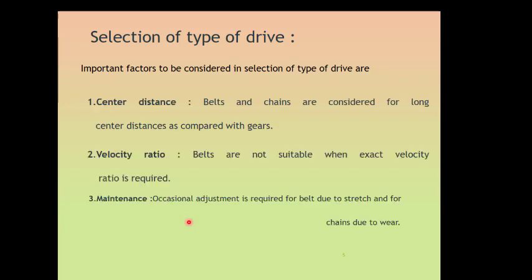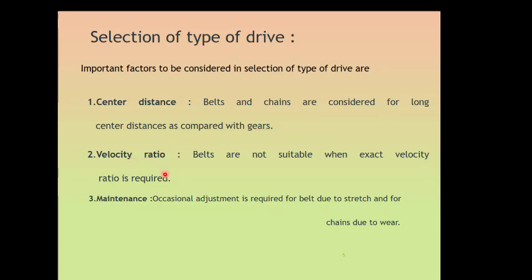Selection of drives. These are the main scenarios for selecting the drives. For a longer center distance, we use belt drives or chain drives. Chain drives are used in almost every bike, two-wheeler and three-wheeler.